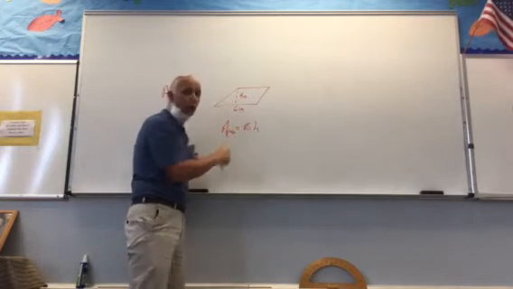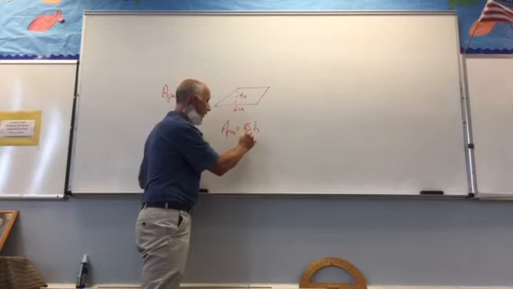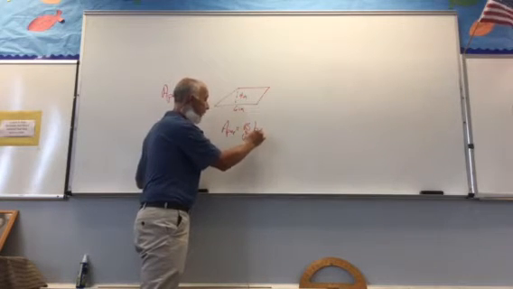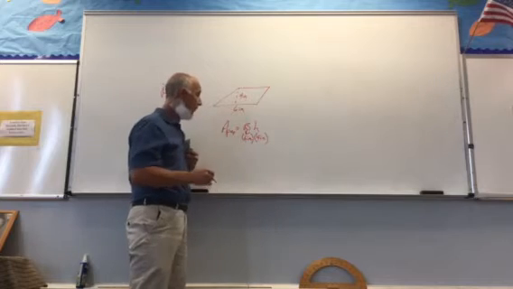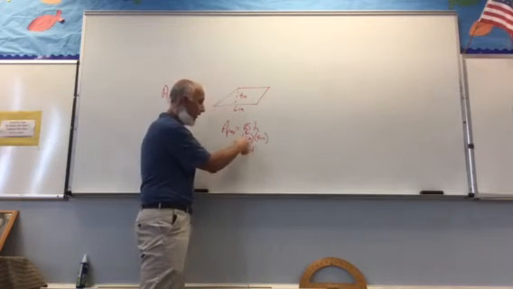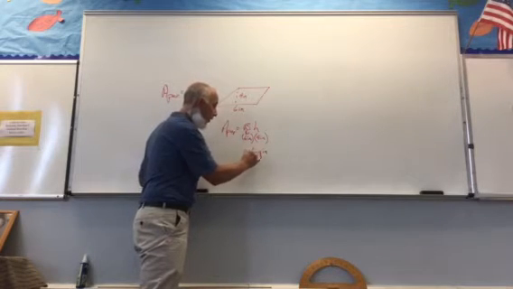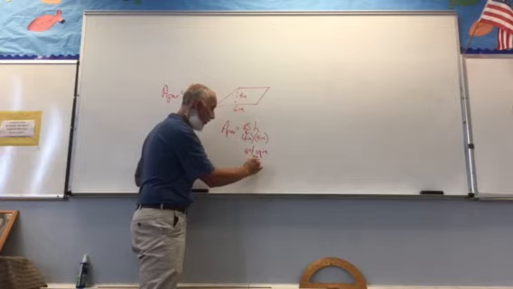I expect you to start with the formula. Then you can replace the base with 6 inches, you can replace the height with 4 inches, and then you can multiply: 6 times 4 is 24, and inches times inches gives you square inches, or if you prefer, 24 inches squared.